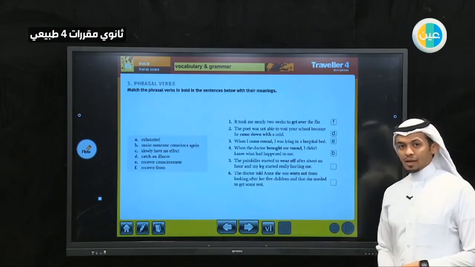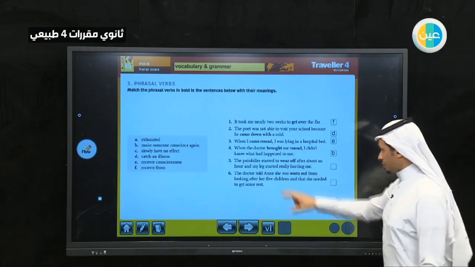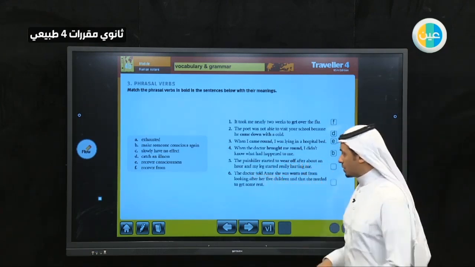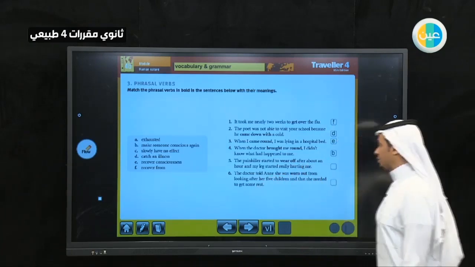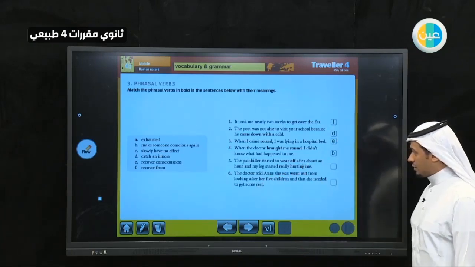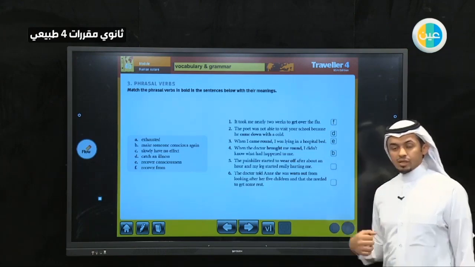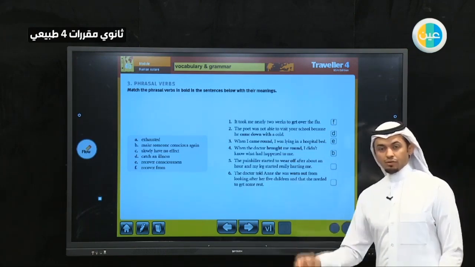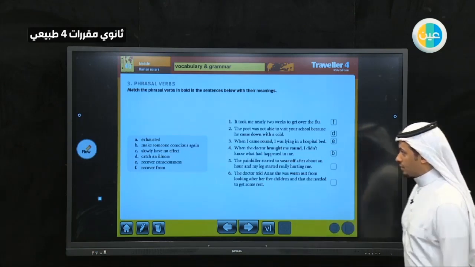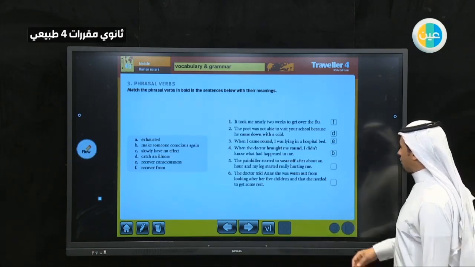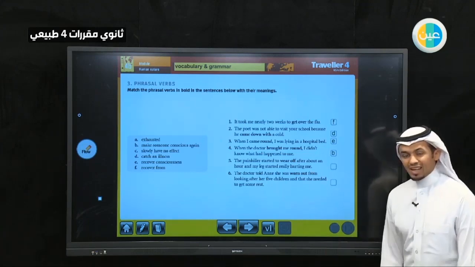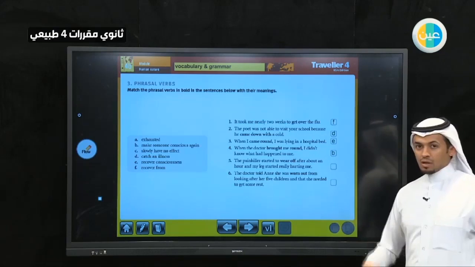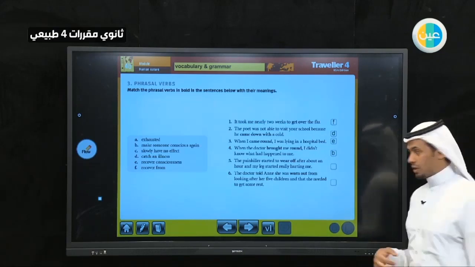Number 5. The painkiller started to wear off after about an hour, and my leg started really hurting me. So I had the painkiller, and now it is wearing off. It slowly has no effect, which caused my leg to hurt because I don't have the medicine in my body anymore.